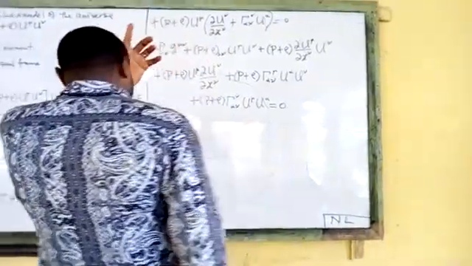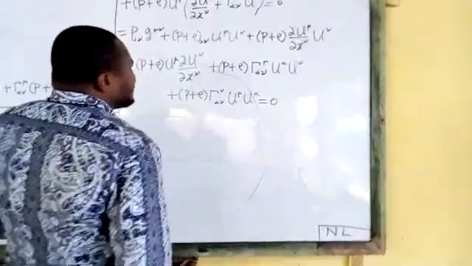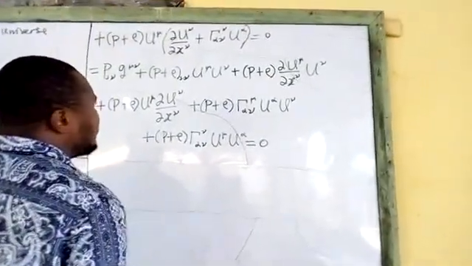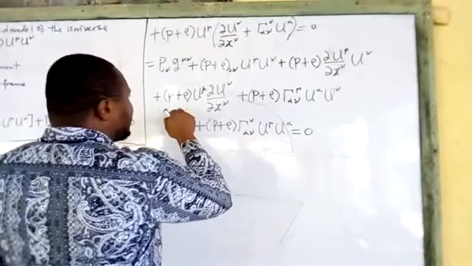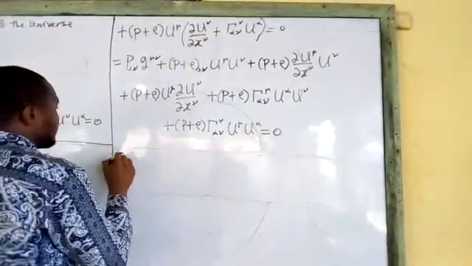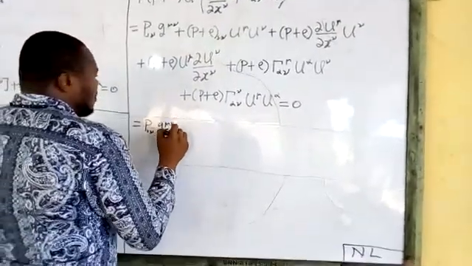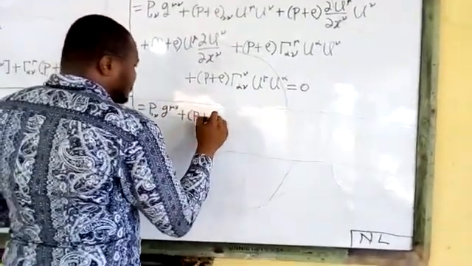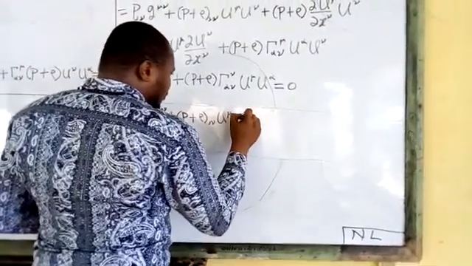Okay, now looking at this whole thing as we've written it here, what is next? Well, we can try to make some identifications here. These two terms, for instance, have something in common. We can try to separate that out. So this is the same thing as p comma nu, g mu nu, plus p plus rho, comma nu, u mu, u nu.